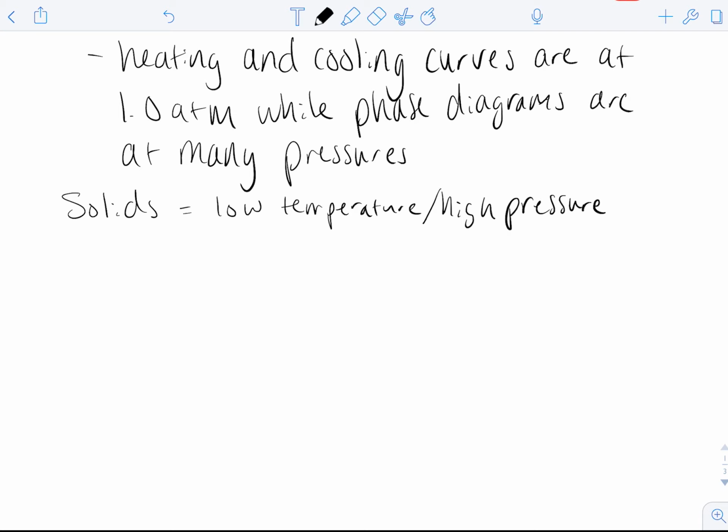If we have a liquid, we're usually a little bit higher temperature than our solids. And if we get higher in temperature, if we compress, we're going to maintain a liquid, so this is going to be high-ish pressure.